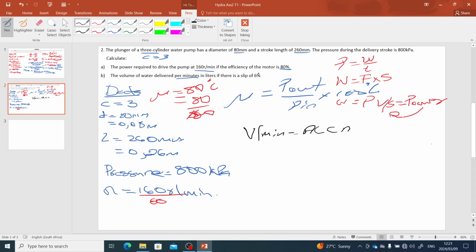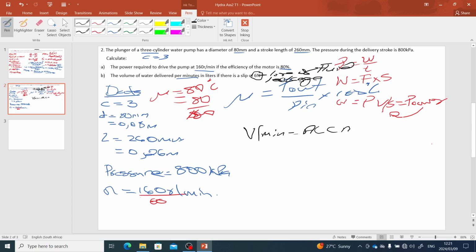Now, check this. We are given the slip of 6%. What is a slip? Slip is a loss of fluid, or leakage of fluid. It's something that we have lost. Let's say we are working with a 20-liter container. Then we've lost 6% of that 20 liters.